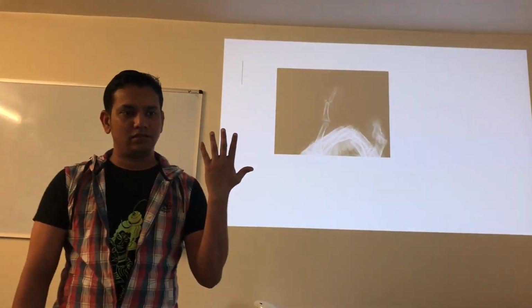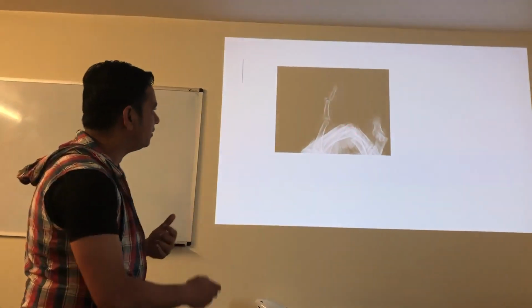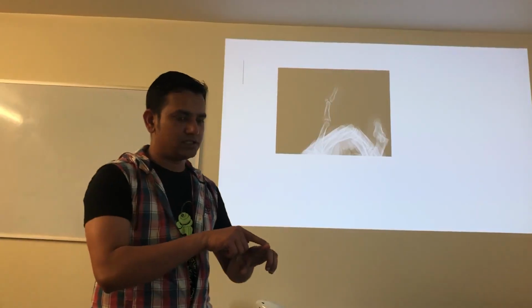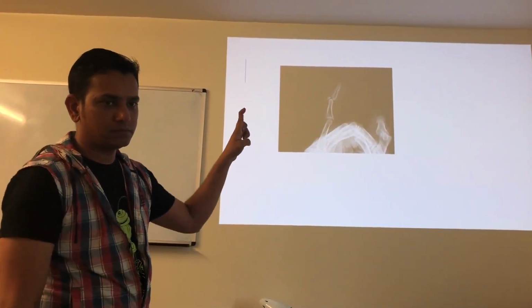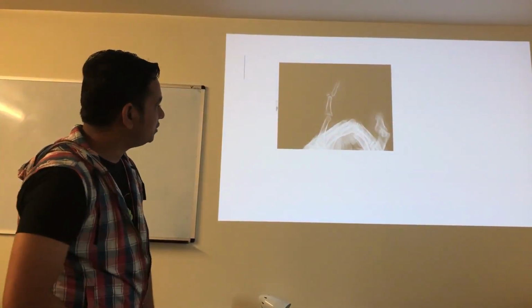On this side, extensor digitorum tendons are there. When there is an avulsion of the extensor digitorum tendon from the distal phalanx, you get mallet finger. So that's your mallet finger.